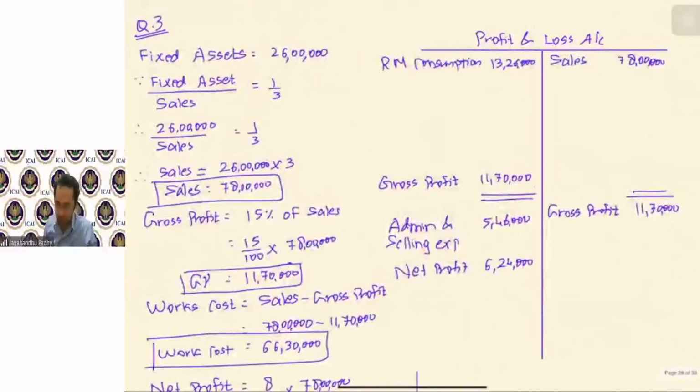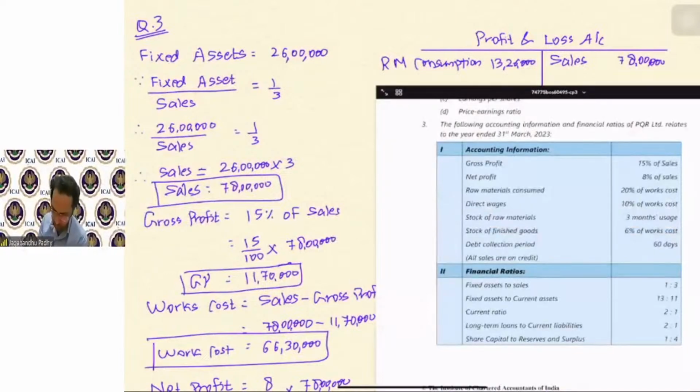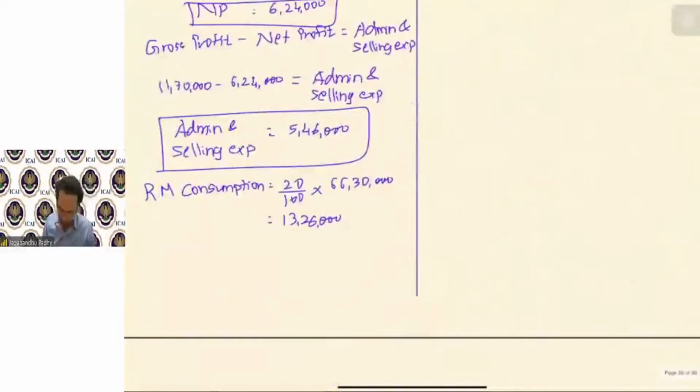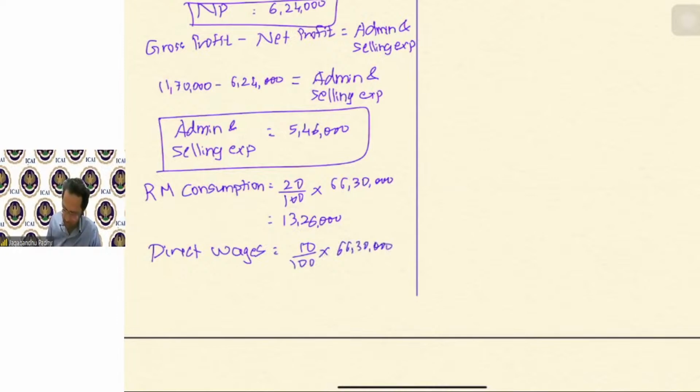Any other labor cost given? Direct wages, yeah. Direct wages is 10% of works cost. Let us compute that. Direct wages is 10% of the works cost. It is 66 lakh 30,000 into 10%, which is 6 lakh 63,000.